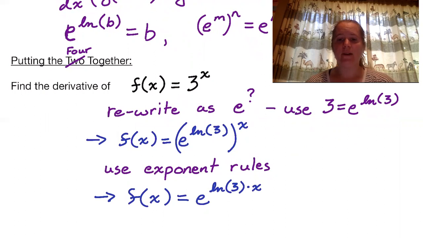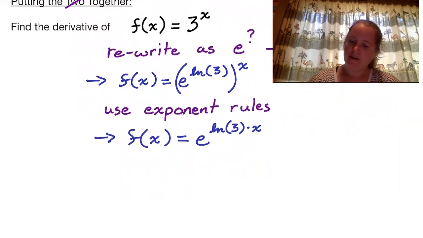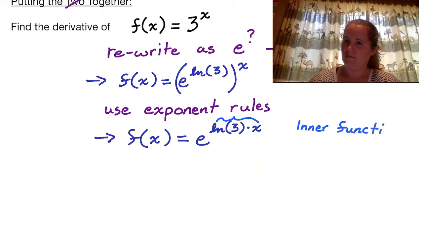At this point, we now have a chain rule. So our inner function, I'm going to use u again, u equals the natural log of 3 times x.